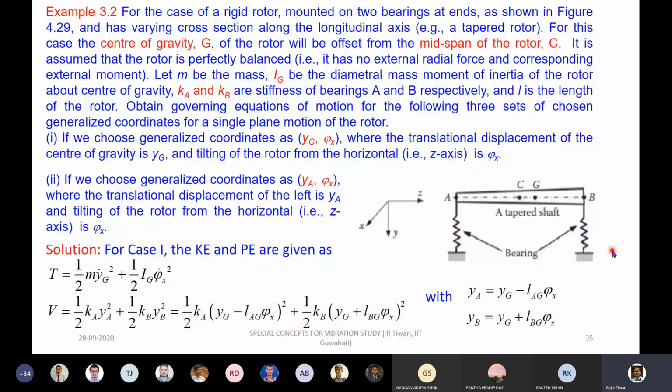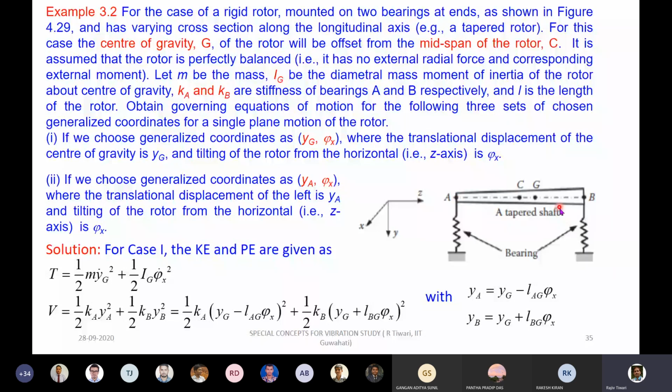And we are assuming that this particular shaft is having motion in this plane only. So it can go up and down, or it can tilt. These two motions we are considering. So what is the degree of freedom of the system? Any type of generalized coordinate we can choose.